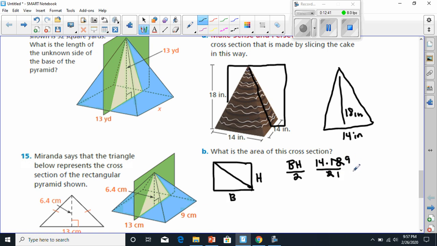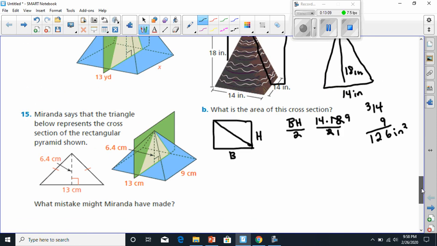And now it's just 14 times 9. 4 times 9 is 36. And 9 times 1 is 9. 10, 11, 12. So that it's going to be 126 inches. And we're talking area. So inches squared.